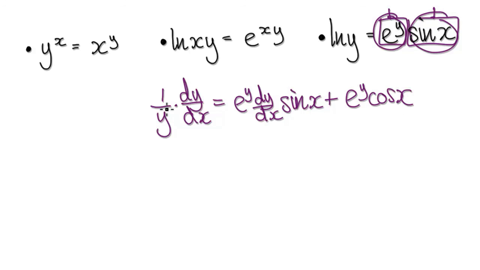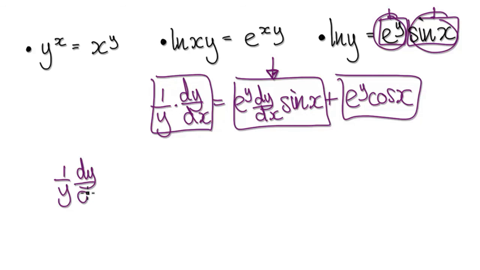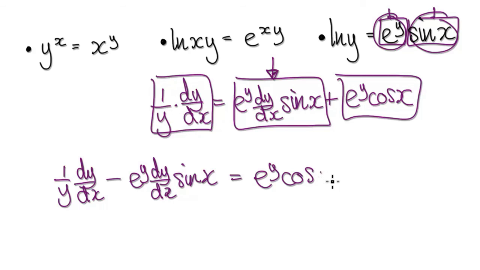Yeah, and now you've got 3 blocks, 1, 2, 3. Group all the dy by dx on one side and all the rubbish on the other side. I'm going to take away this block here from both sides. So that would be 1 over y dy by dx, take away e to the power of y dy by dx sine x equals e to the power of y cos x.